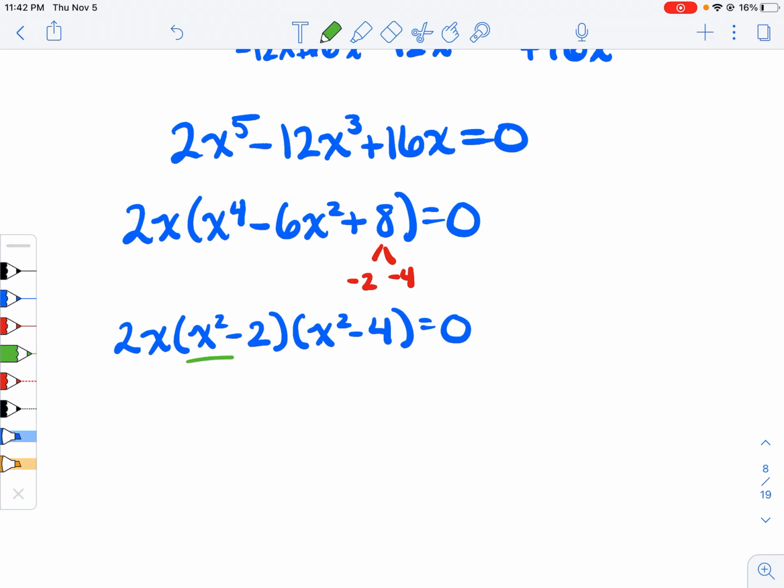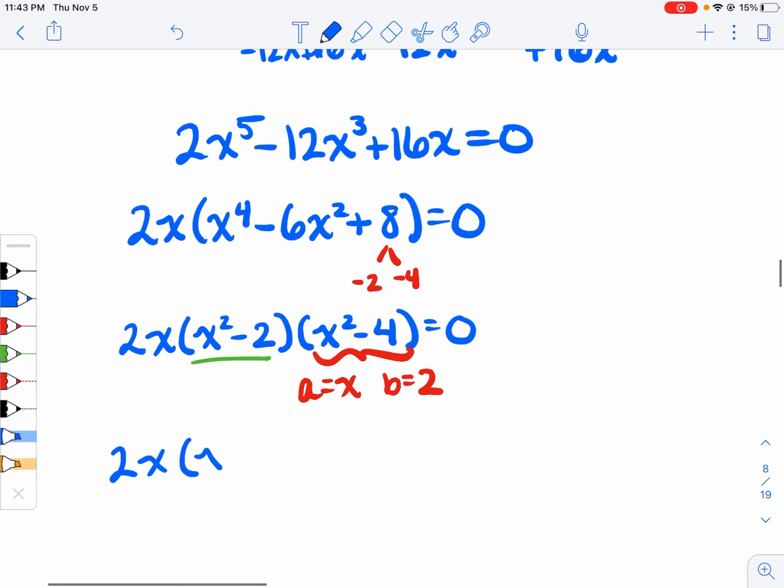2 is not a perfect square, so this is done. But this one is a difference of squares, where a is x and b is 2. So this will factor as 2x times x squared minus 2 times x plus 2 and x minus 2, all equal to 0.